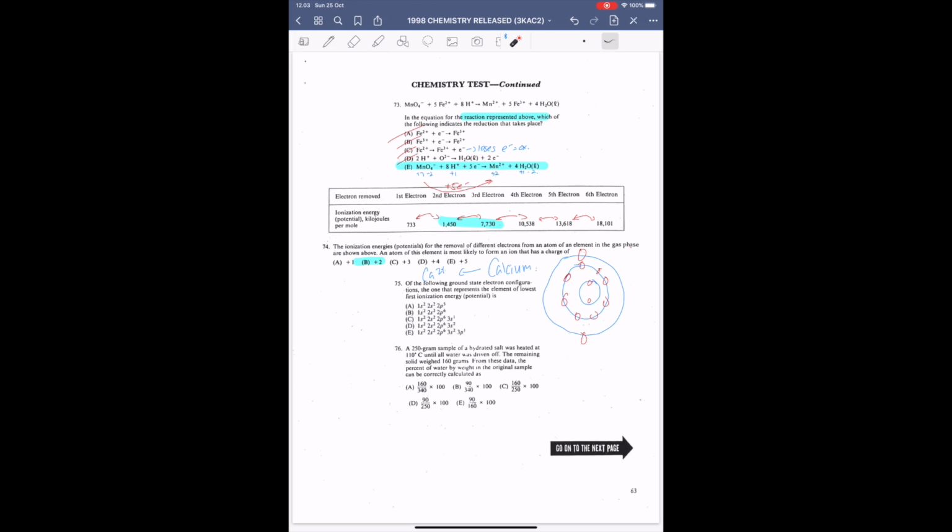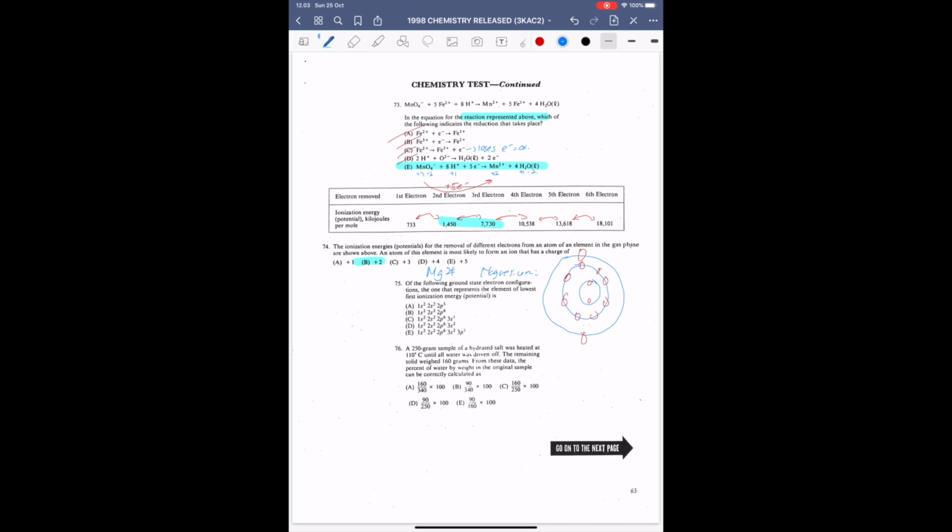Or rather, sorry, it should not be calcium, but it should be magnesium. 2+ magnesium, because magnesium has an atomic number of 12, but that won't make much of a difference for the answer. It'll still be B.